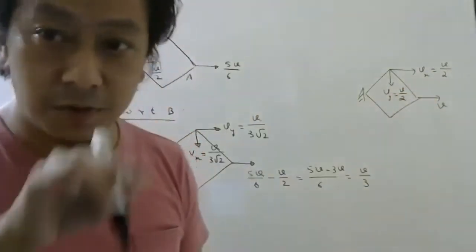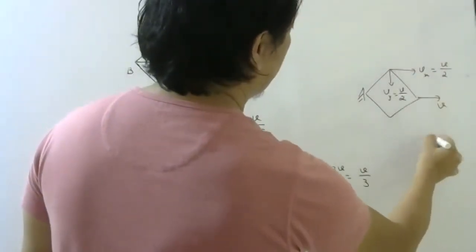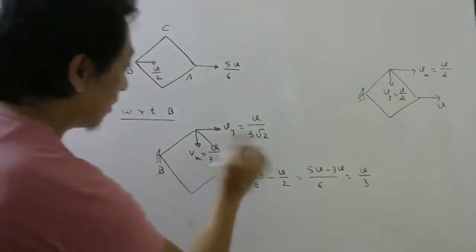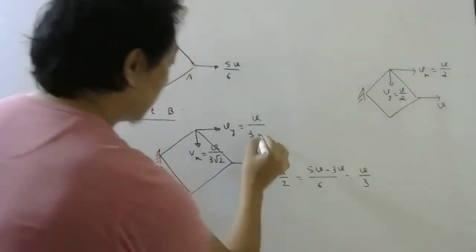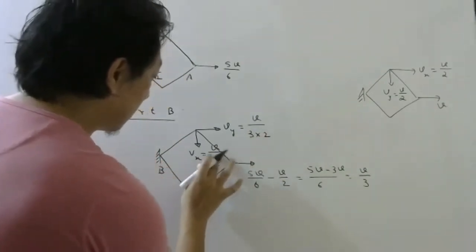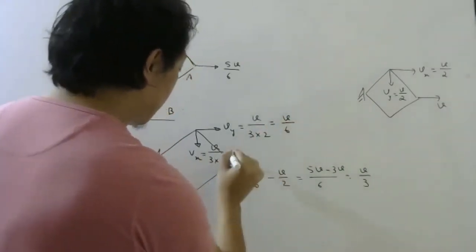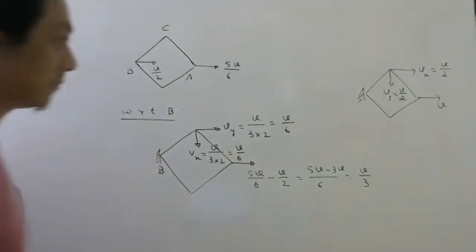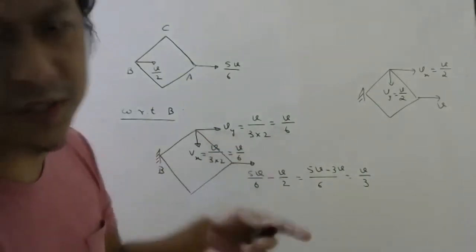So this is your v now, divided by 2. So this will be v by 6. Okay, so this result I am directly applying, otherwise it will take too much time.